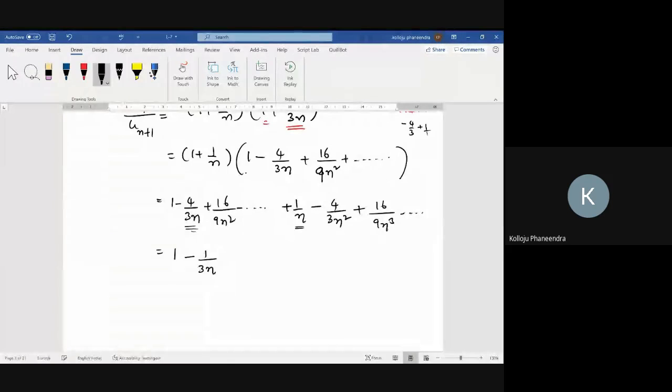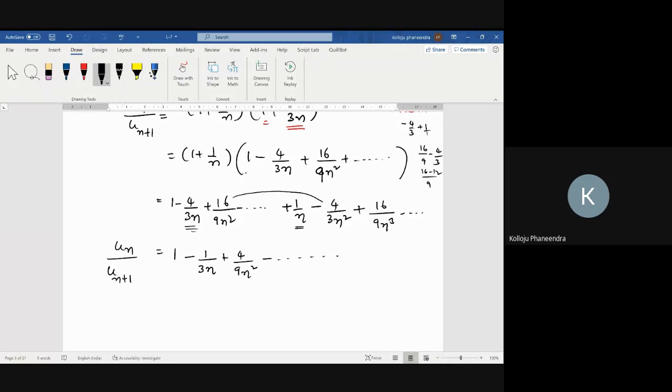Clubbing these two, minus 1 by 3n, and clubbing these two, this is 16 by 9 minus 4 by 3, so 16 minus 12 by 9, that is plus 4 by 9n square, and so on, like this. This is the expression for un by un plus 1.